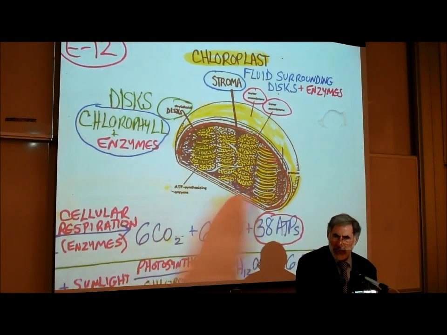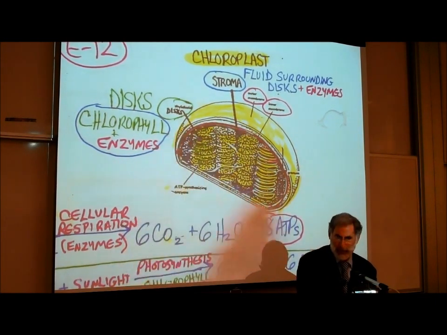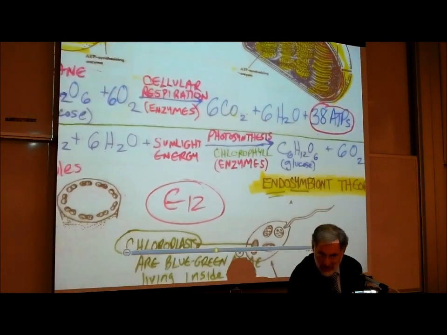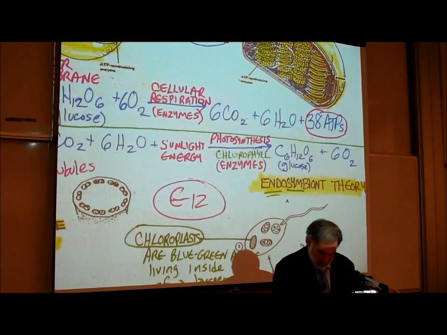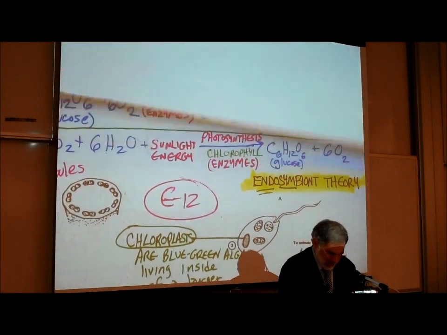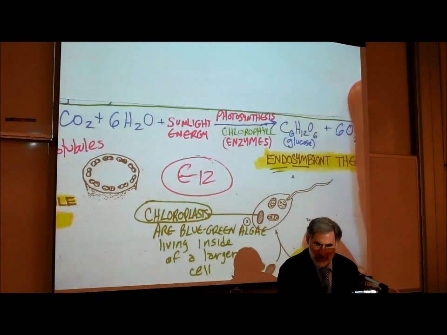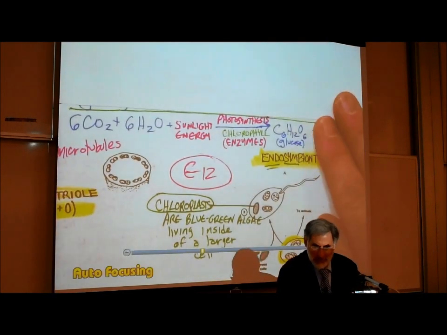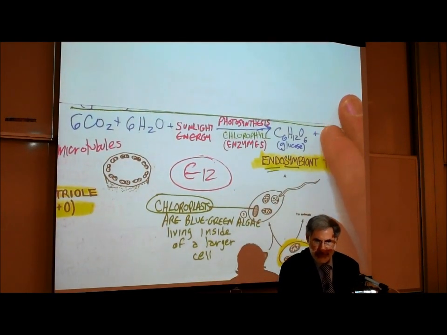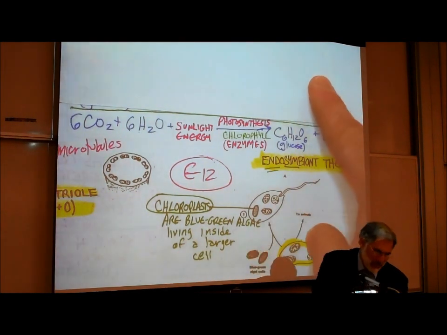Now, the overall process that is occurring in the chloroplast is called photosynthesis. Let's see what photosynthesis is. Just to help make this cleaner, here is photosynthesis. Now, what is photosynthesis?